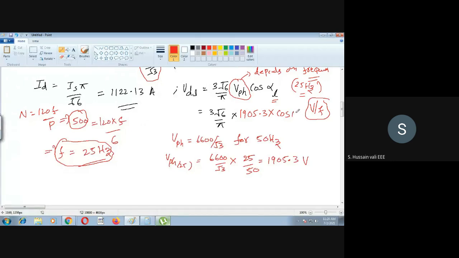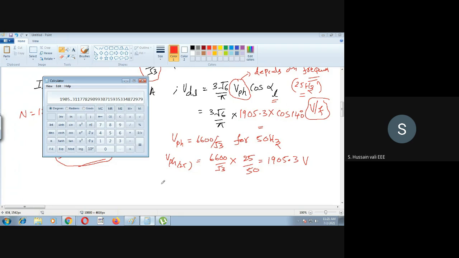So why are we doing all these things? Because we want to know what is the value of VDL. Cos of 140 is this. Then you multiply with 1905.3.